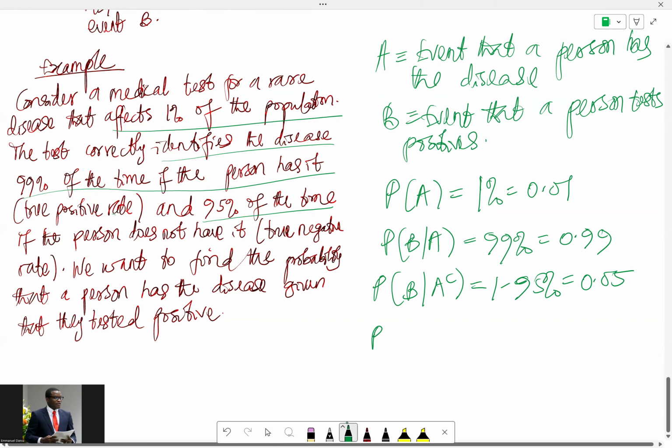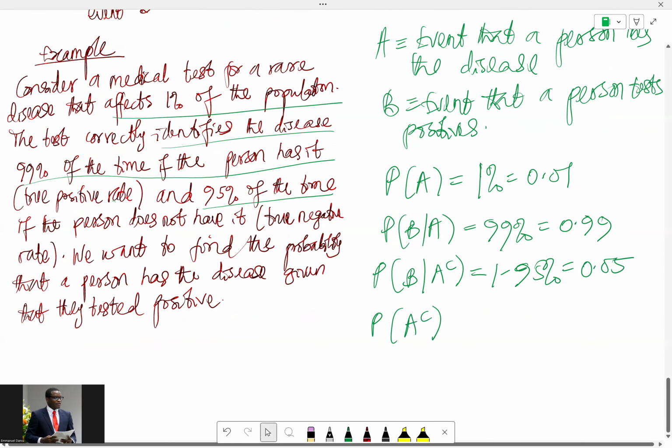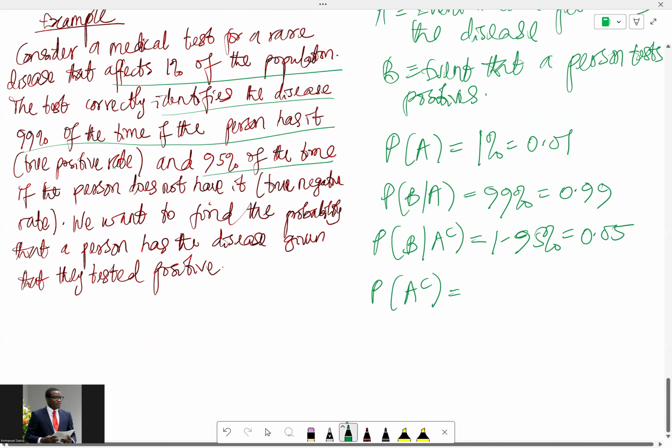Then, of course, we have the probability of A complement. That's the probability that the person doesn't have the disease. 1% of the population has the disease. Sorry, this should be 1 minus 1%.